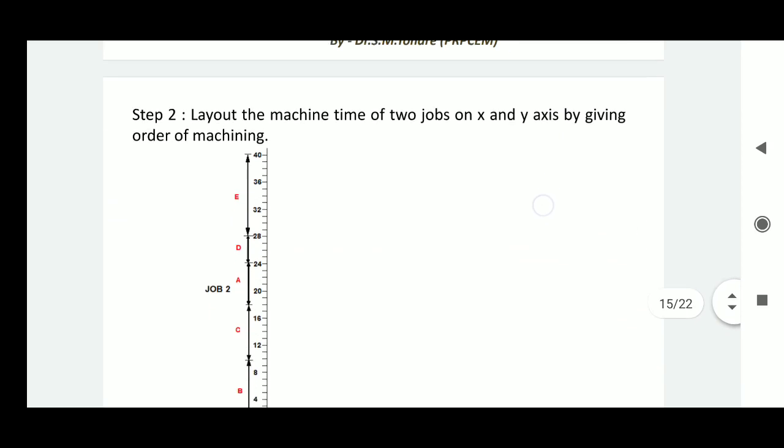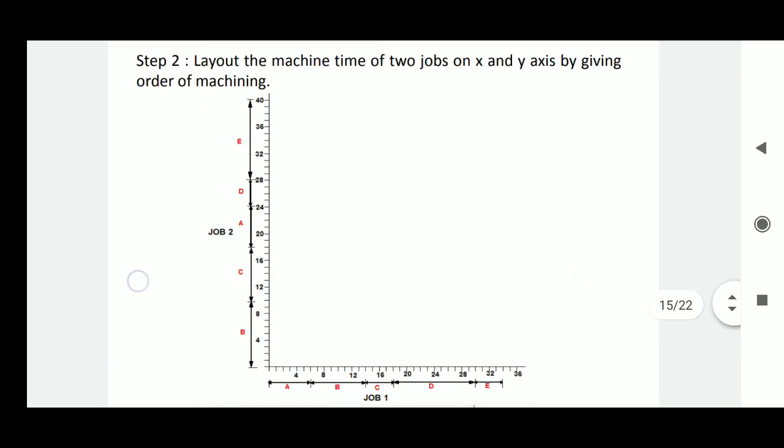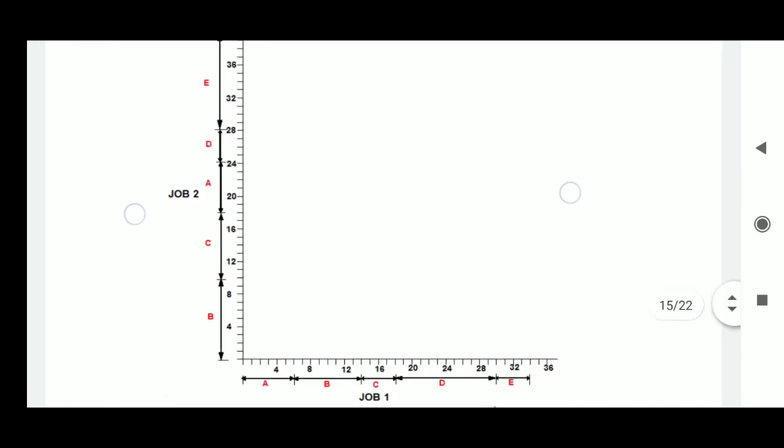Now the next step is making the layout of the machine times of the two jobs on the x and y axes by giving the order of machines. The order of the machines for job 1 is A, B, C, D, E, and the order for job 2 is B, C, A, D, E, and you have to plot the timings.